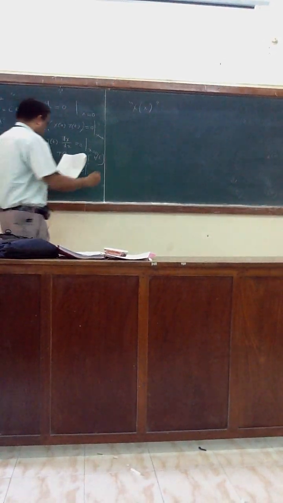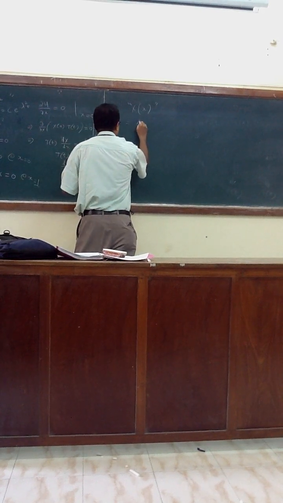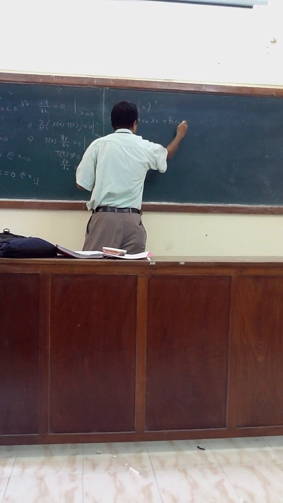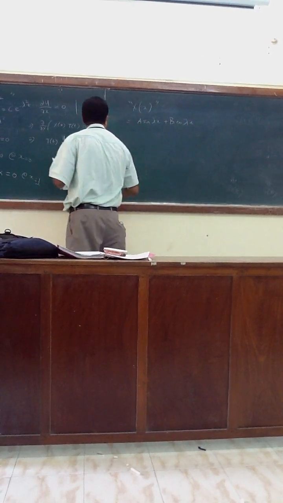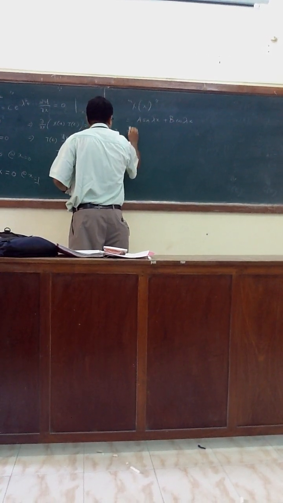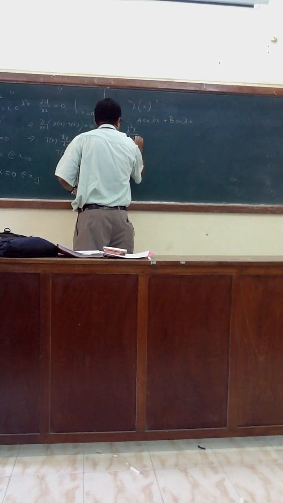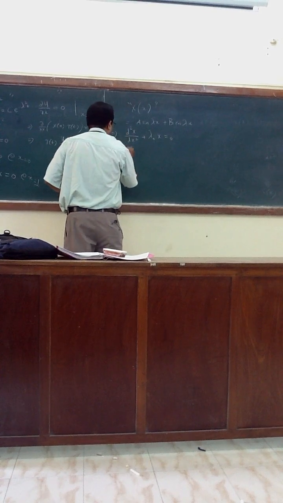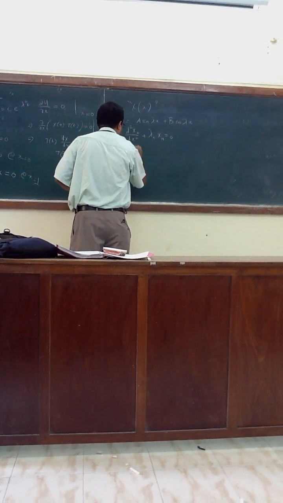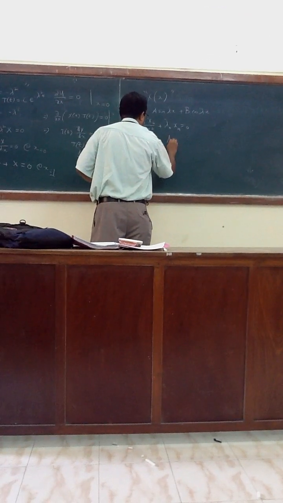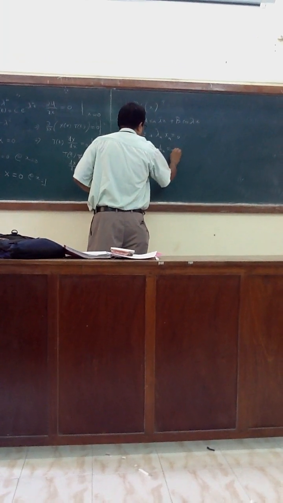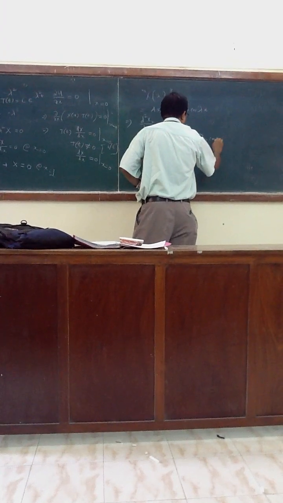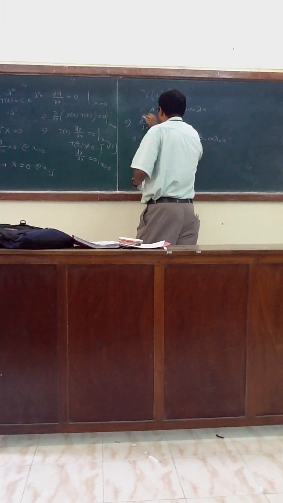Capital X is nothing but a sin lambda x plus b cos lambda x. Or if you write your eigenvalue problem in our usual fashion, you can write Xn as the eigenfunction, which is an sin lambda n x plus bn cos lambda n x.